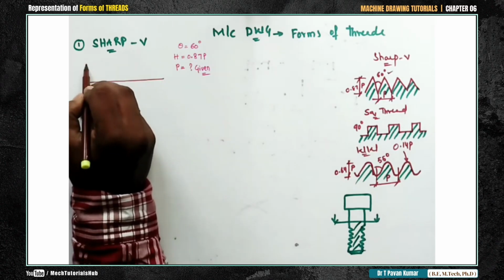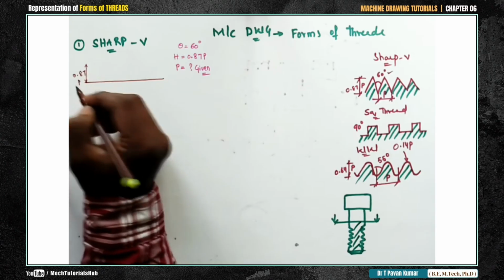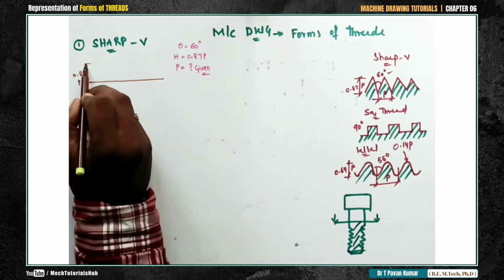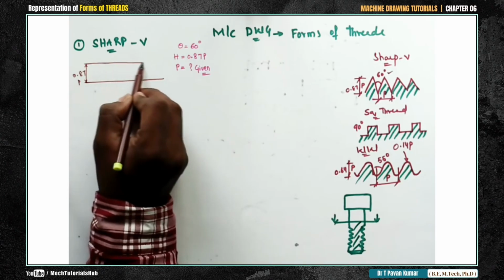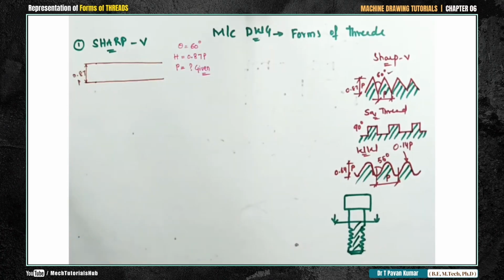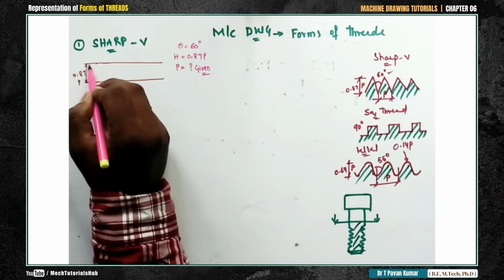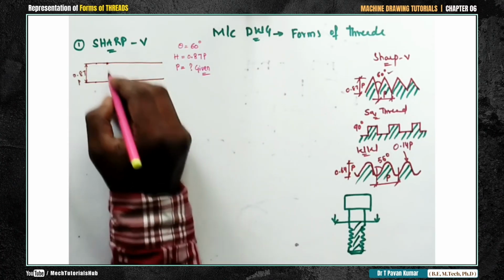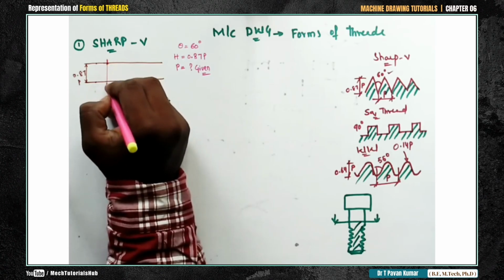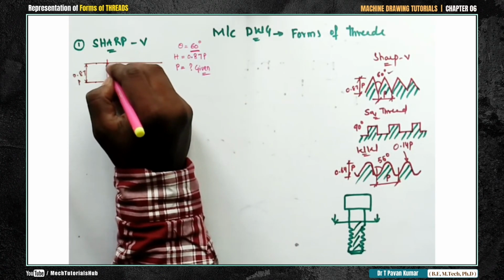From here I'll draw a small locus with a 2H pencil. Again it is supposed to be 60 degrees inclination, so on either side of the line I'll make it 30. This is 30, and this is one more 30. Again, with respect to this line, the next line is 60, and one more 60. This is also 60. This is how you need to draw with a 2H pencil. Once it is done, with the help of an HB pencil, darken the required lines.